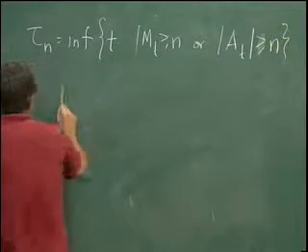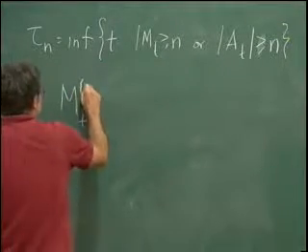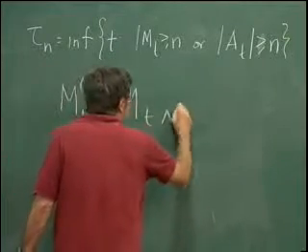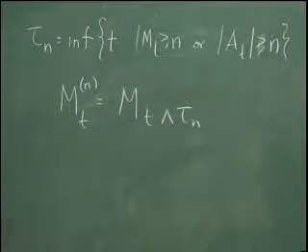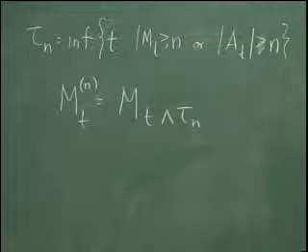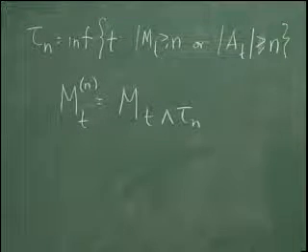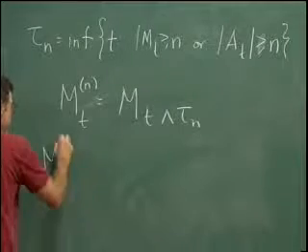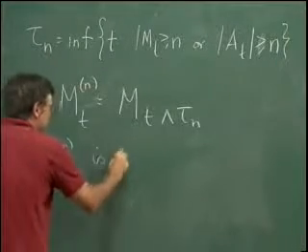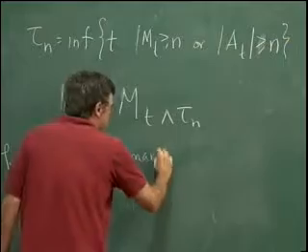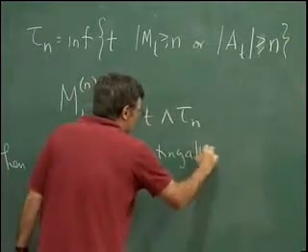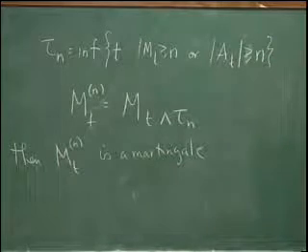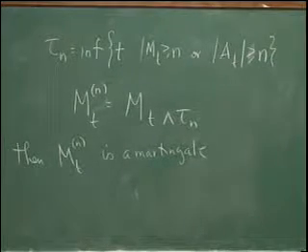And if I let M_t^n be M_t at min(t, tau_n), then M_t^n actually is a martingale. This is often called localization, or a version of localization from stochastic calculus.